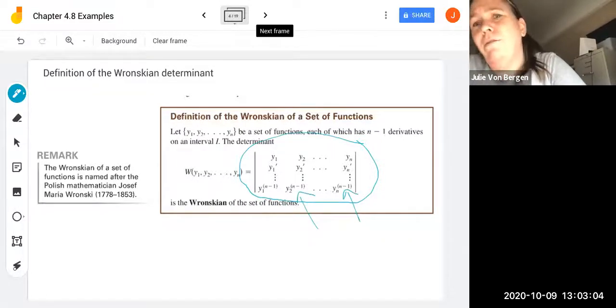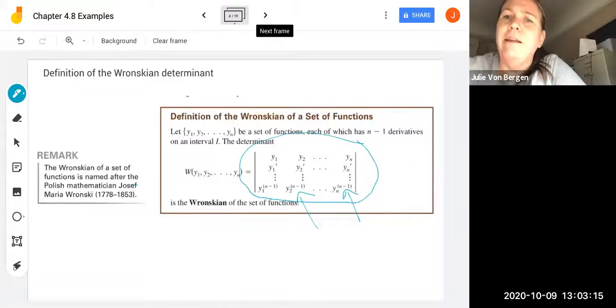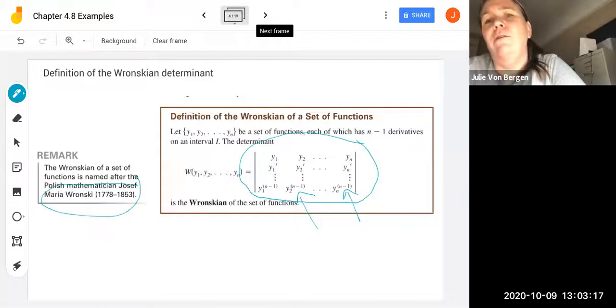The determinant of those functions is known as the Wronskian. It is named after the Polish mathematician Joseph Maria Wronski, who lived from 1778 to 1853. You can read more about mathematician Wronski on Wikipedia.